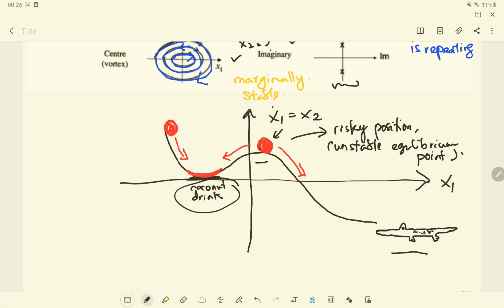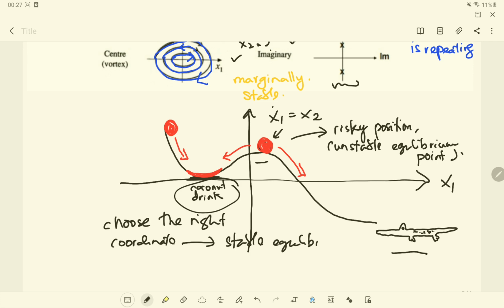So if here is the coordinate, choose the right coordinates in order to get a stable equilibrium point.